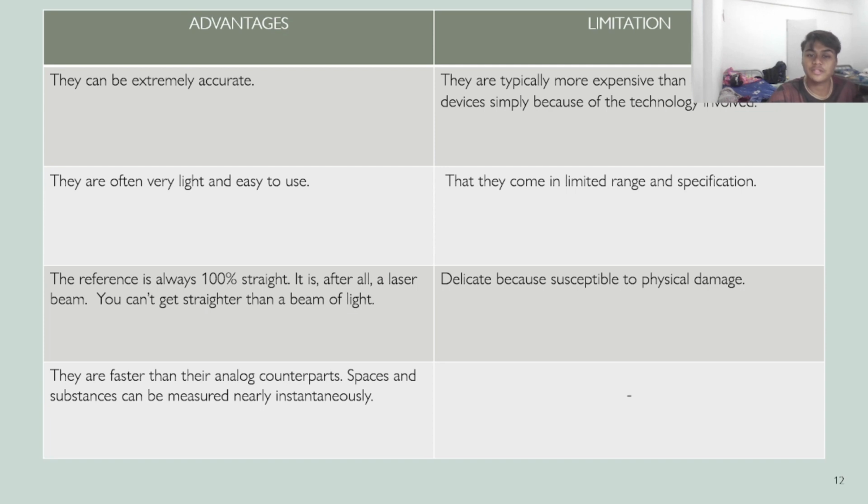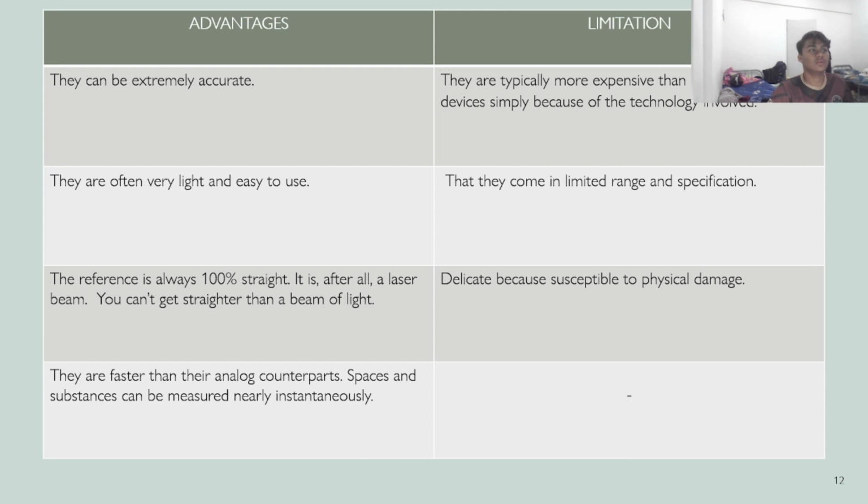And then the reference is always 100% straight. It is after all a laser beam. You cannot get straighter than a beam of light. The last point for the advantages of the laser measurement sensor is they are faster than their analog counterparts. Spaces and substance can be measured nearly instantaneously.